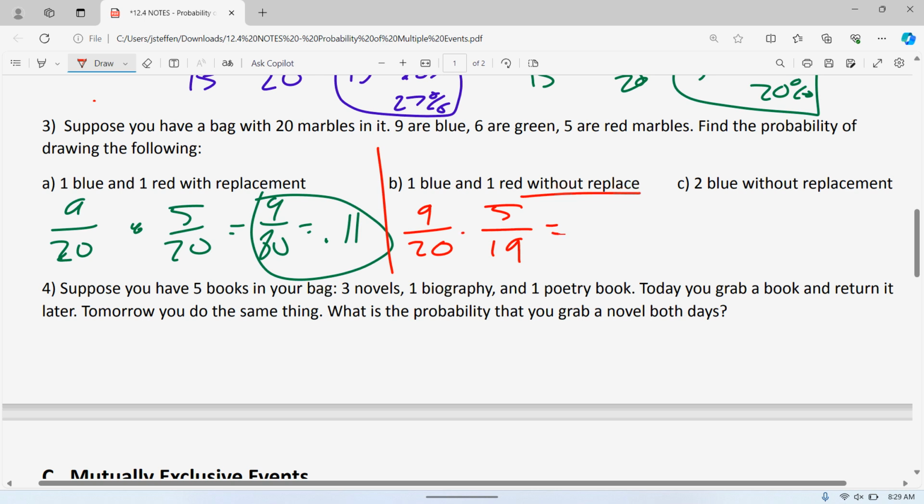Again, calculator. That one got me 9 out of 76, which ends up rounding up to 0.12 or 12%. So it's close to that other one.